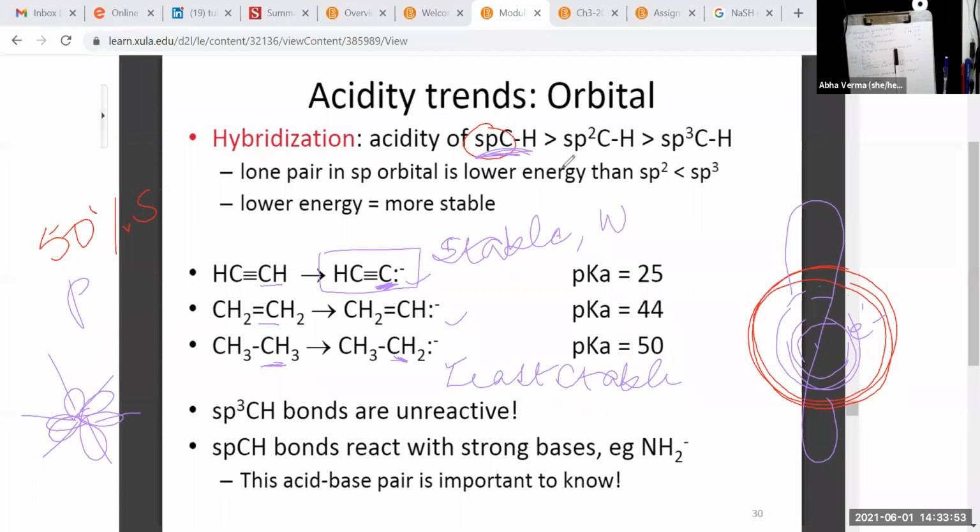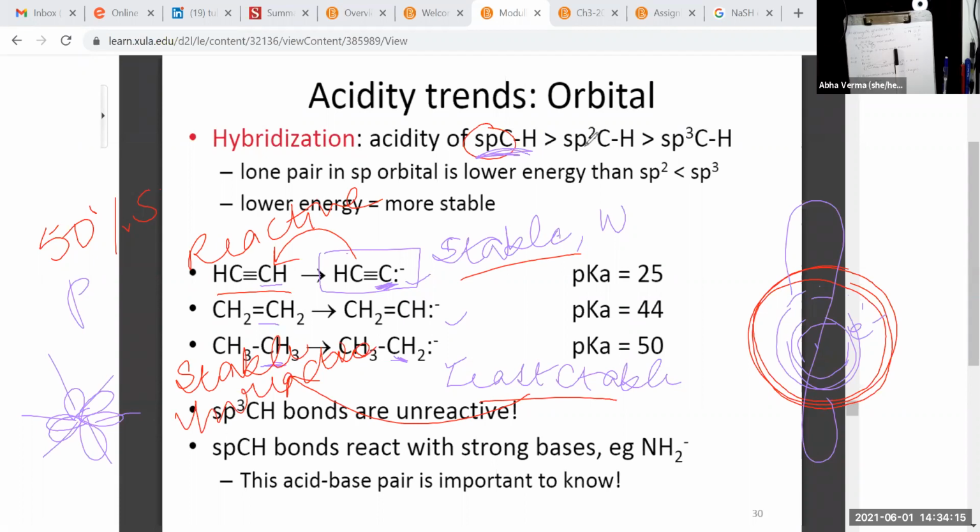And so the corresponding acid for a stable base is going to be reactive or unstable. The corresponding acid for the least stable base will be very stable or unreactive. So the whole point is that you need to recognize where is the stability, which side is the reactivity or less stability. If you are generating stable materials, the starting materials definitely want to react and make that new product.